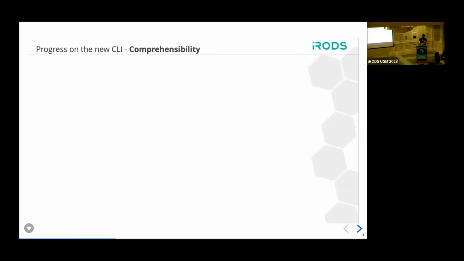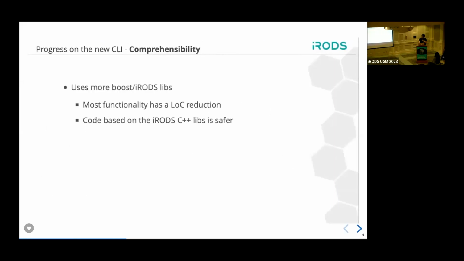So, to each point, how far have I gotten? Well, for comprehensibility, it's written from scratch and it uses a lot of Boost and more iRODS libraries. A lot of the code has seen line-of-code reduction. For example, with move, if you use the modern libraries like the iRODS filesystem library, thank you, Corey, it'll do a bunch of the work for you. You don't really need to check for things like non-existent paths or path names being too long.